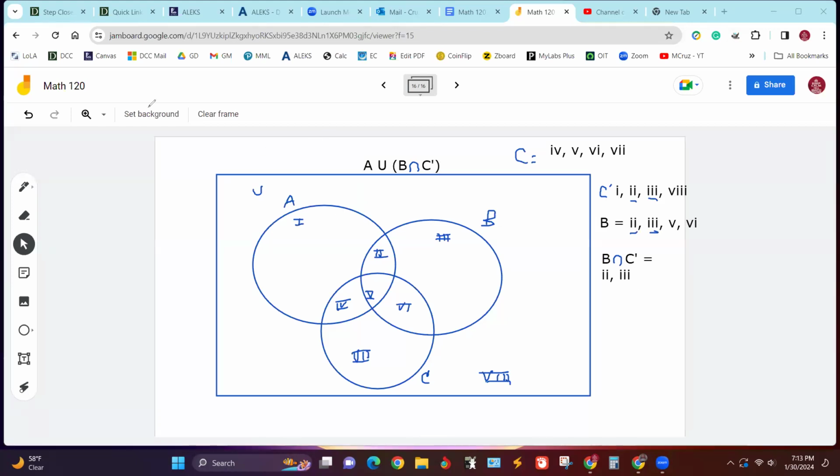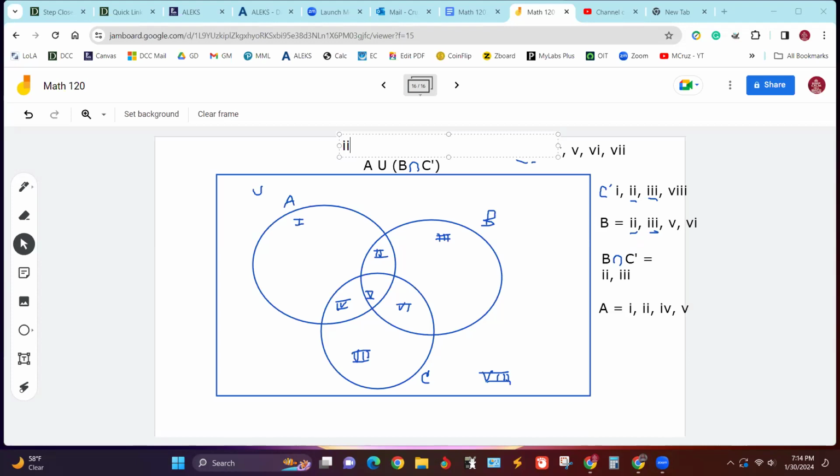Now let's see what's in A. 1, 2, 4, and 5. All of those are inside of A. Now, we're going to union these. In other words, we're going to put all of them together. So the union just means we're going to toss them all in the same bowl.